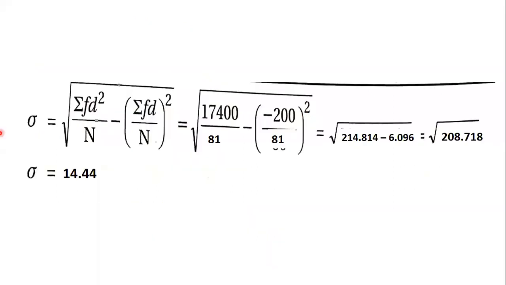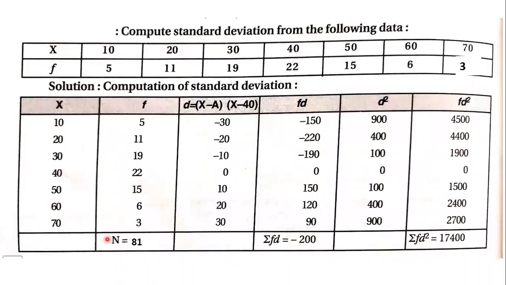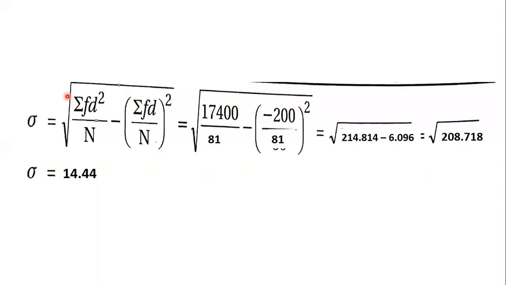So fd square, fd, n, these are the three major things which we want to calculate the complete problem. So that is what we found out here. N is 81, fd is minus 200, fd square is 17,400.